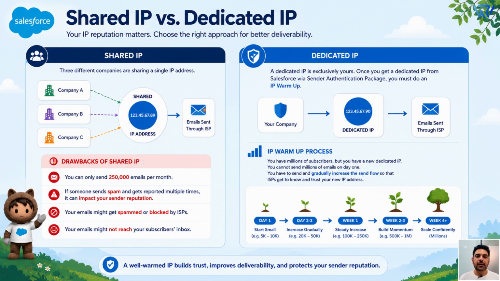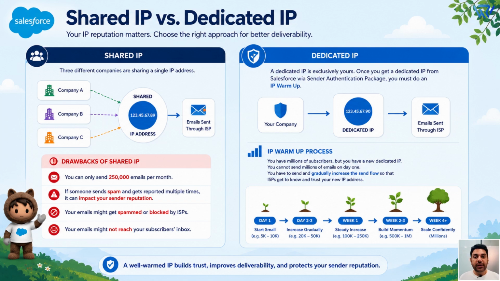You have to gradually increase the send volume so that the internet service providers get to know your new IP address. For example, you send 1000 emails today for gmail.com, and then tomorrow you gradually increase to 2000. Then next week you increase to 5000 for gmail.com subscribers.